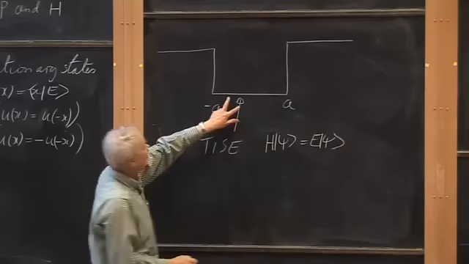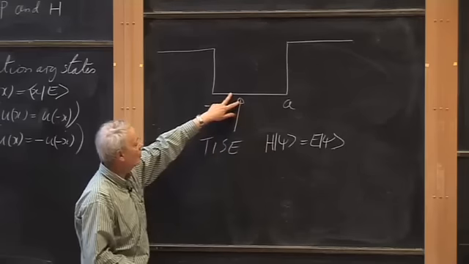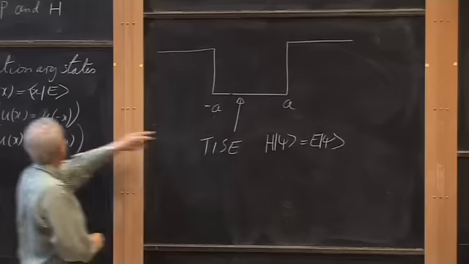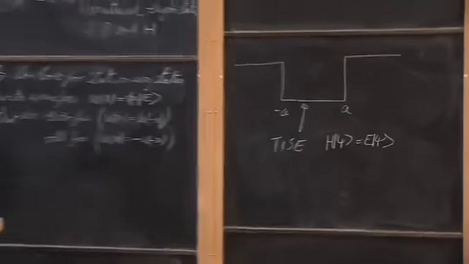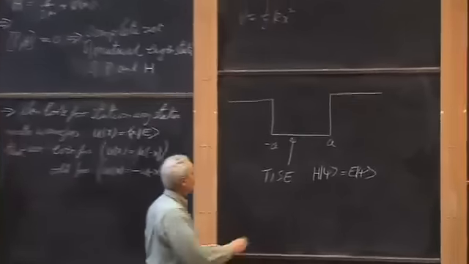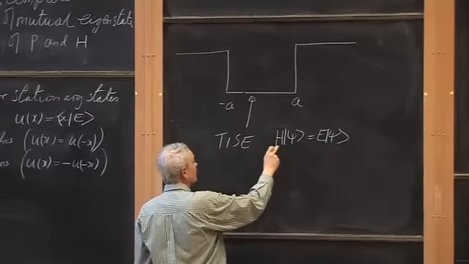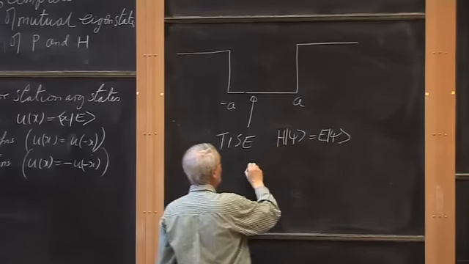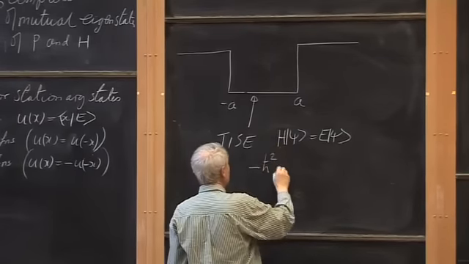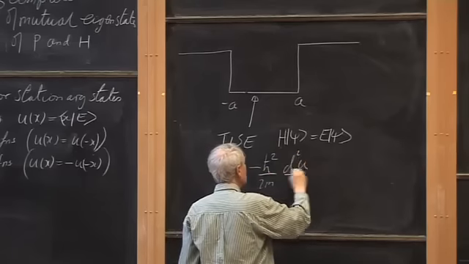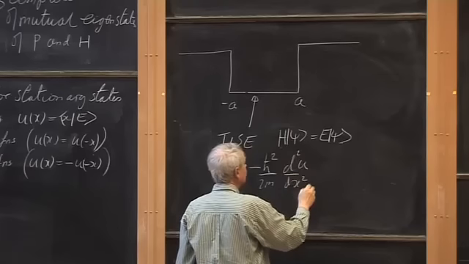In the position representation, what does this important equation look like here? Well, at this point here, where the potential is 0, h is p squared over 2m. So here it becomes p squared over 2m, which is minus h bar squared over 2m d2u by dx squared.